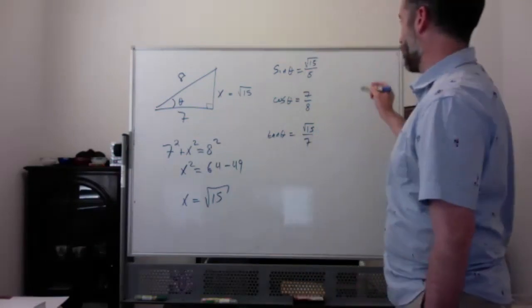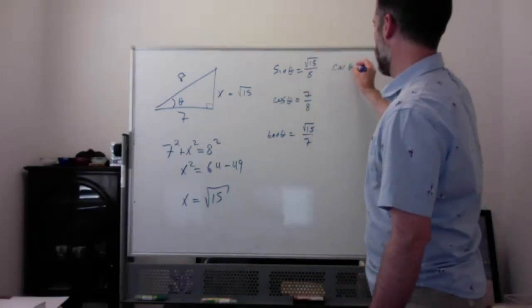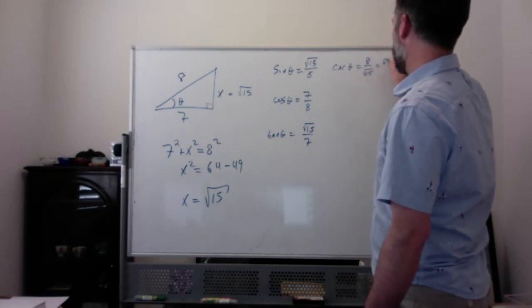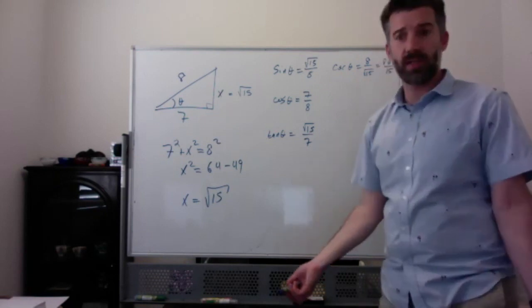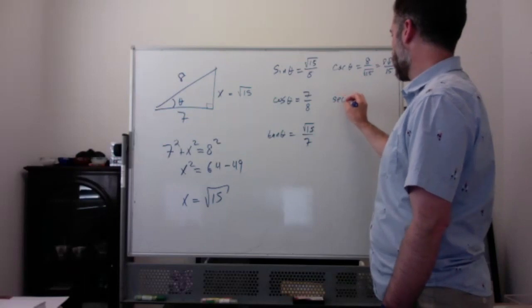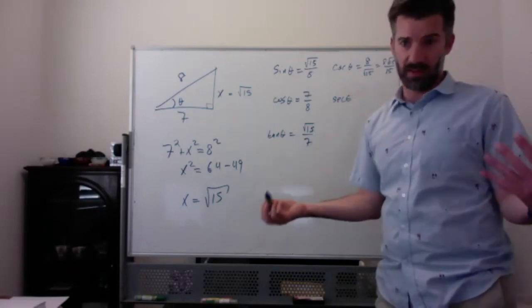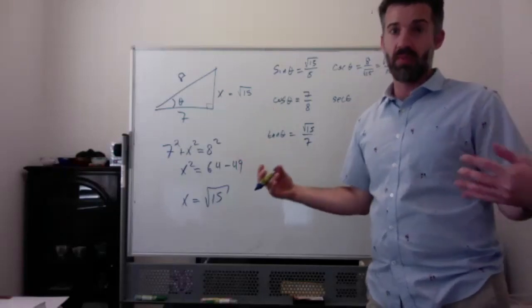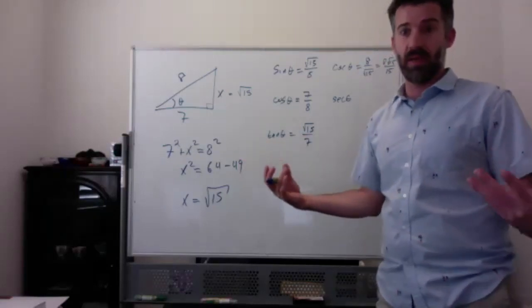And then the other 3 reciprocals. Cosecant of theta is 8 over root 15, which is 8 root 15 over 15. You should rationalize your answers on the test. By rationalize, just to clarify, if you have a square root in a denominator, you should do the algebra to make sure you don't have one anymore.